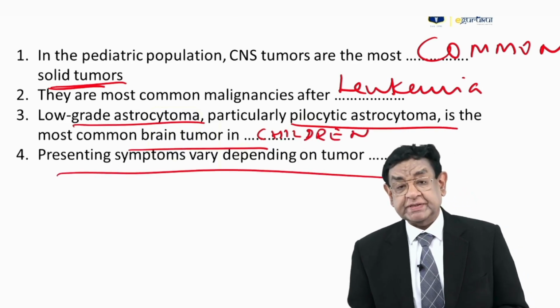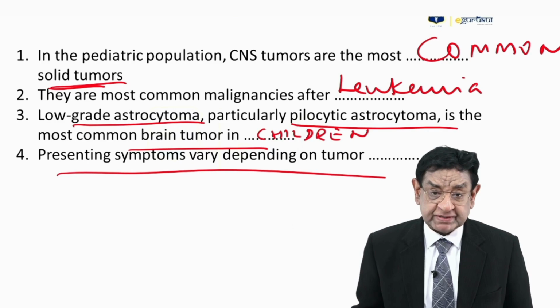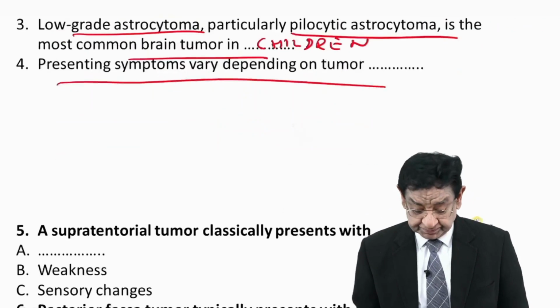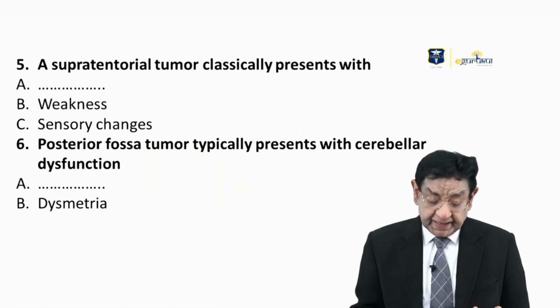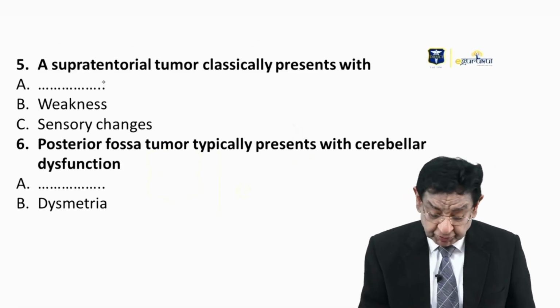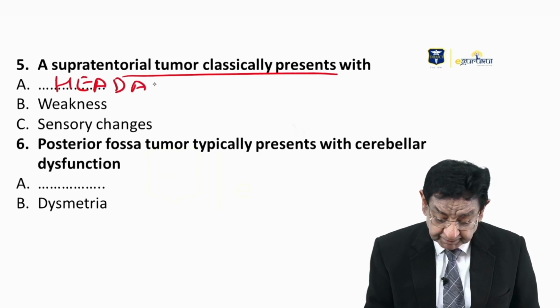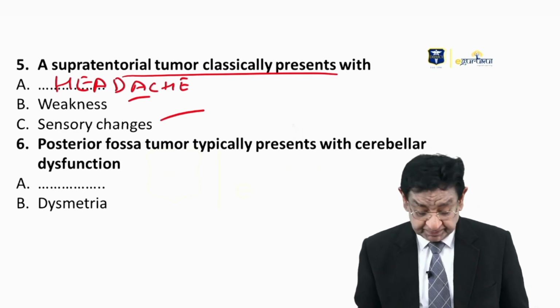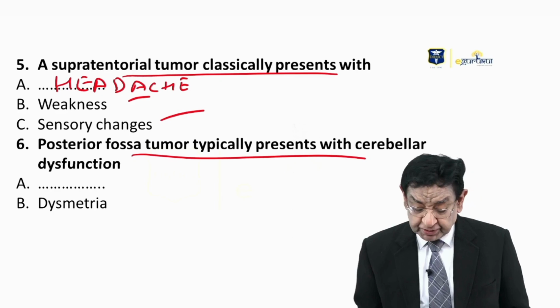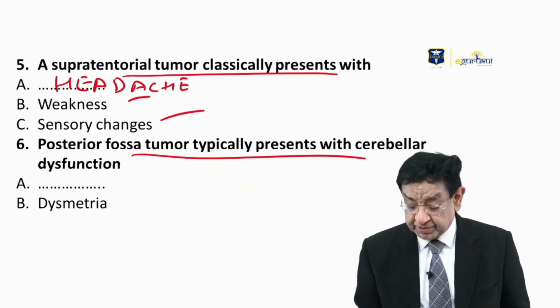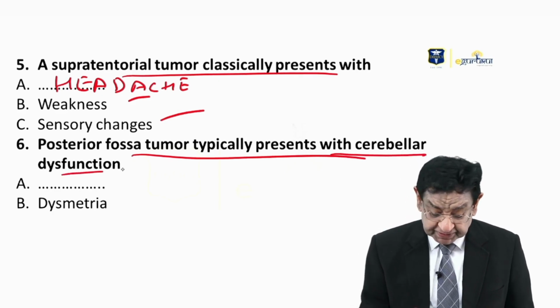And of course, presentation depends on the site where the tumor is present. As I told you, supratentorial tumors classically come with headache. Weakness and sensory changes can be there. Posterior tumors, which are usually infratentorial, usually come with cerebellar dysfunction.